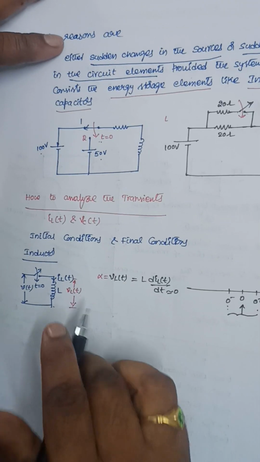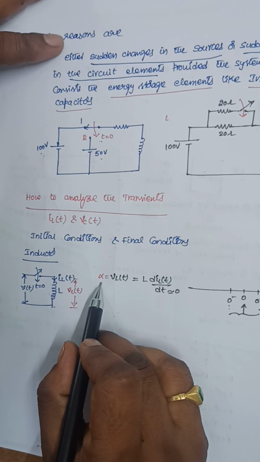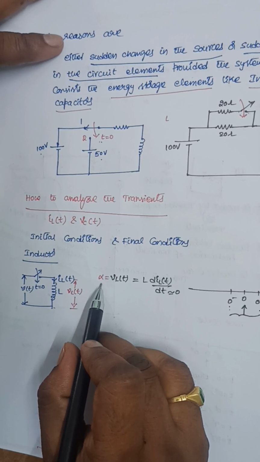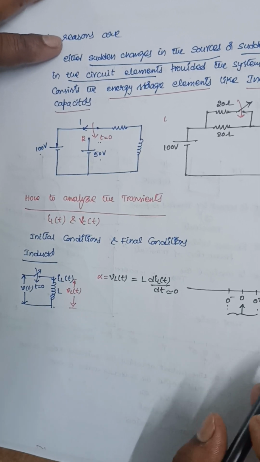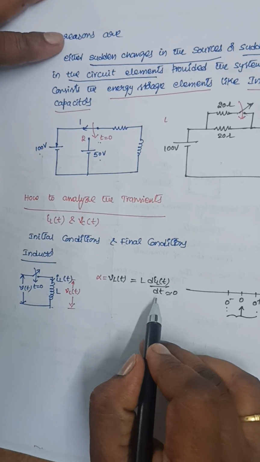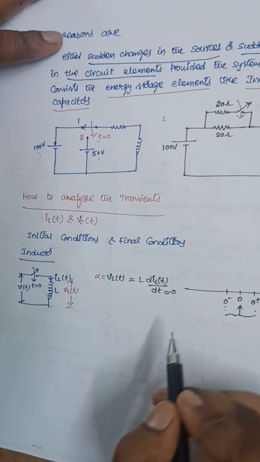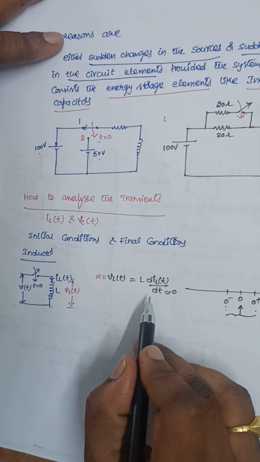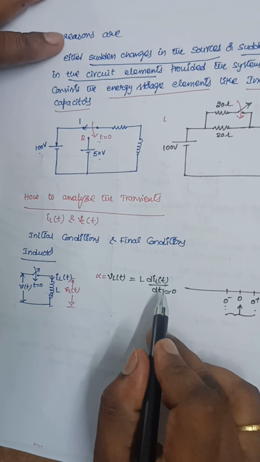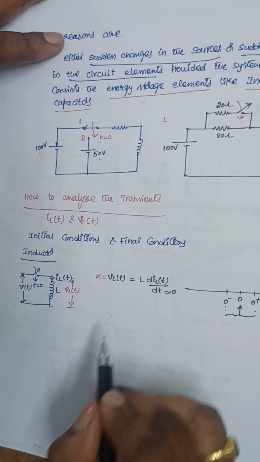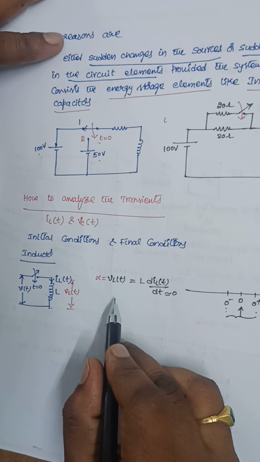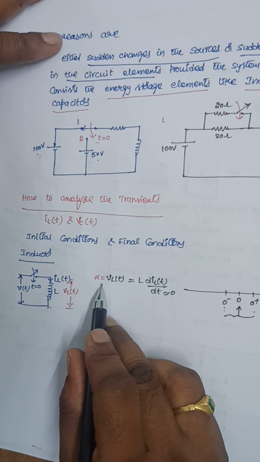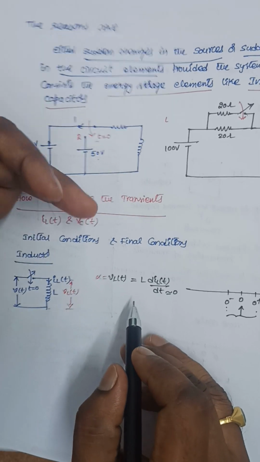That means it requires an infinite amount of voltage to change the current within this short duration of time, which is not practically possible.